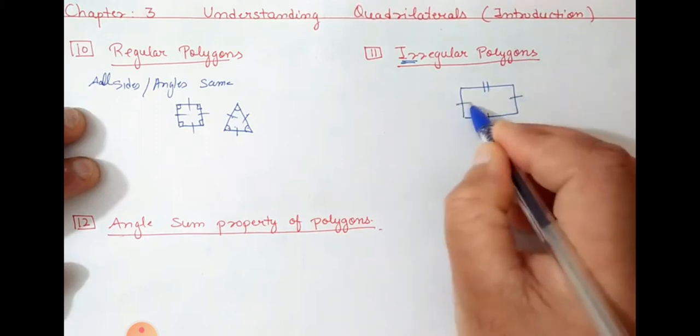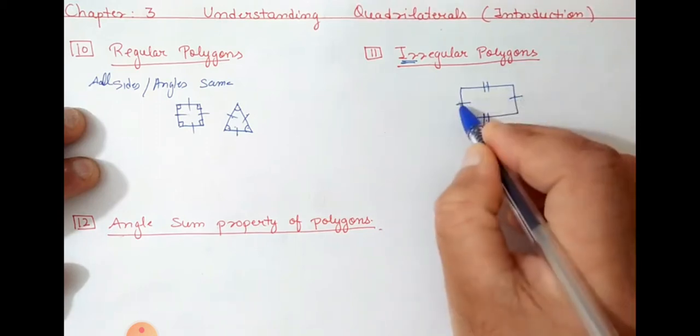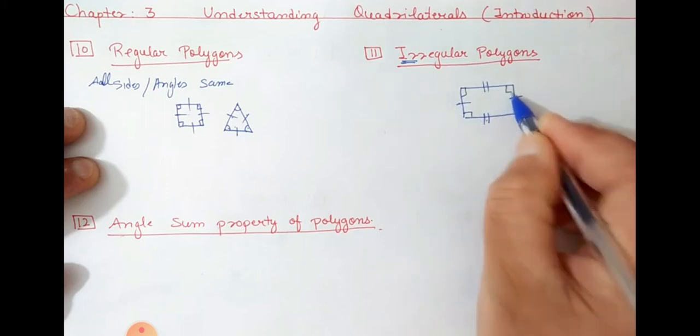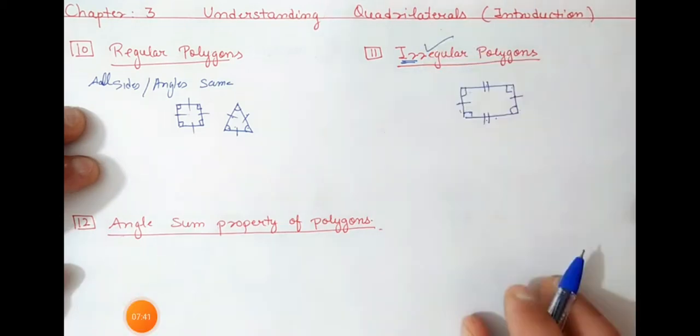Okay children, regular polygons means all sides and all angles, lengths and angles, are equal in measure. And irregular means, for example, a rectangle, not all sides are equal.